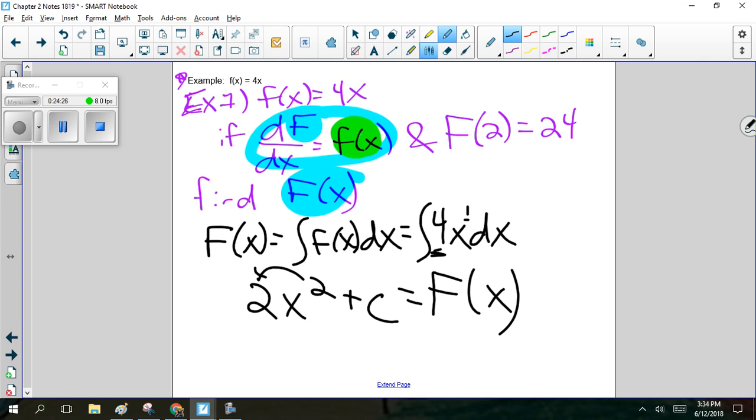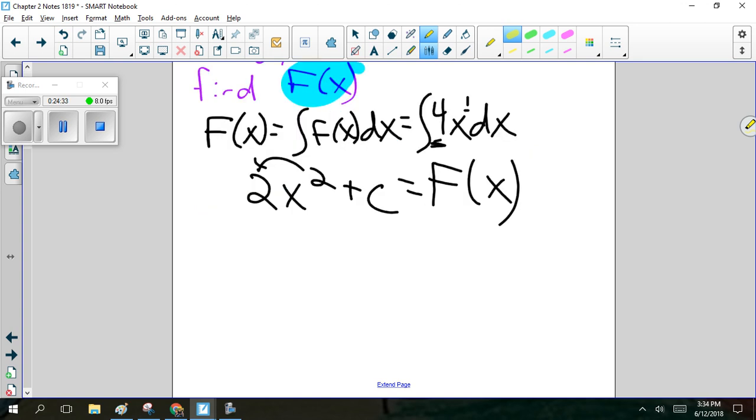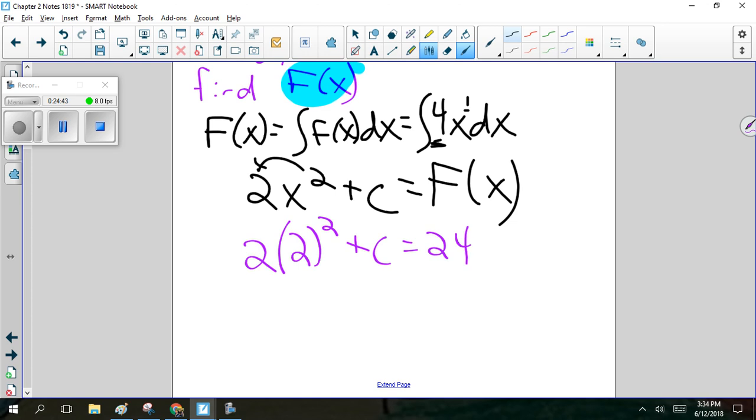All right? So now what I can do is use the fact that I know that f of 2 is 24 and solve this thing. So f of 2 is 24. That means that 2 times 2 squared plus c is 24. So 2 squared is 4, times 2 is 8, plus c is 24.